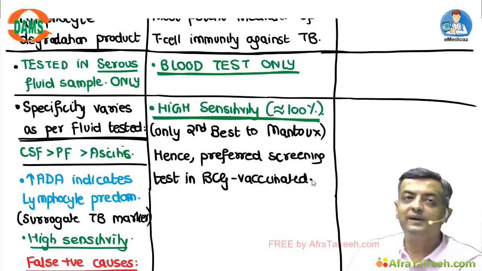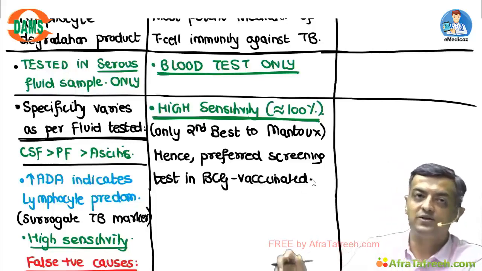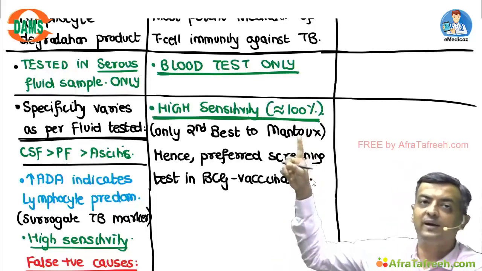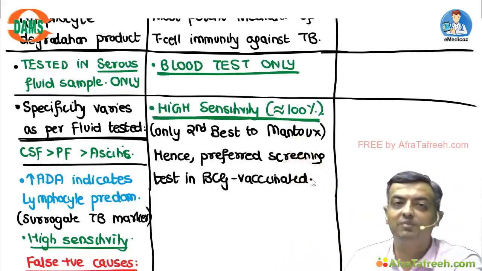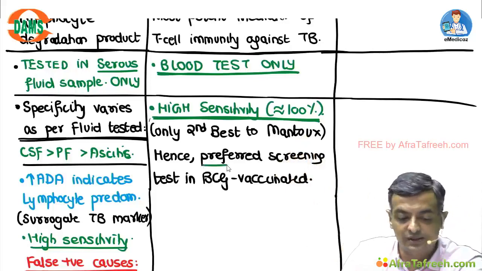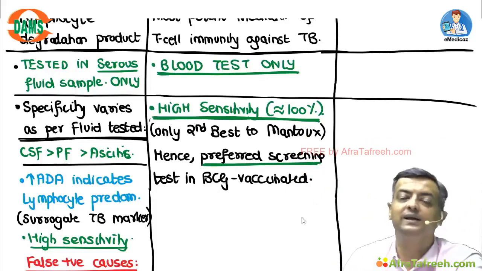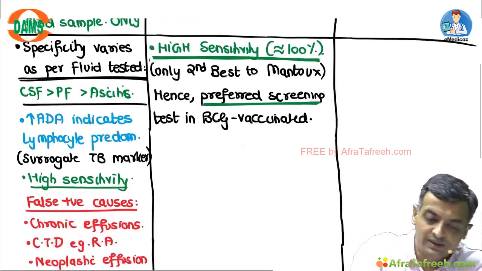So in our country, the Mantoux test may come positive, but what is the alternative you can do? The interferon gamma test in the blood can be used as a good screening test if you are a BCG vaccinated individual.